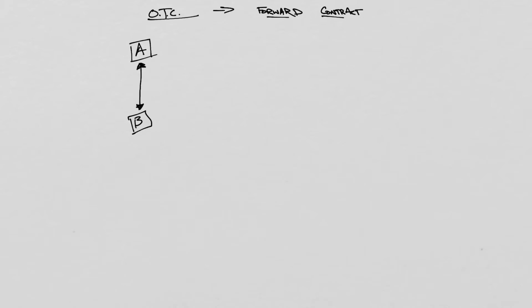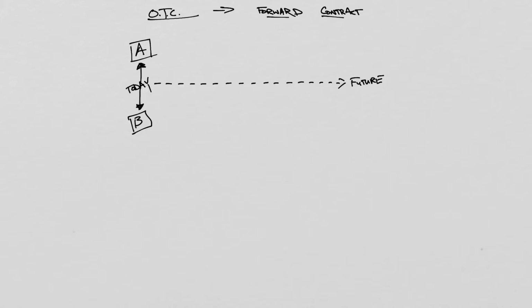A wants to buy something from B, B wants to buy something from A, but they don't actually make the trade today. They agree about the price and all that today, but they're agreeing about delivery or about settling this trade sometime specified in the future.